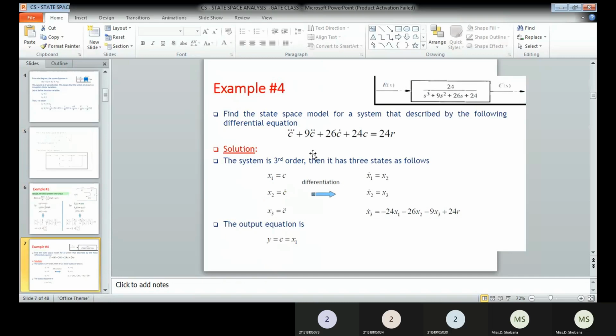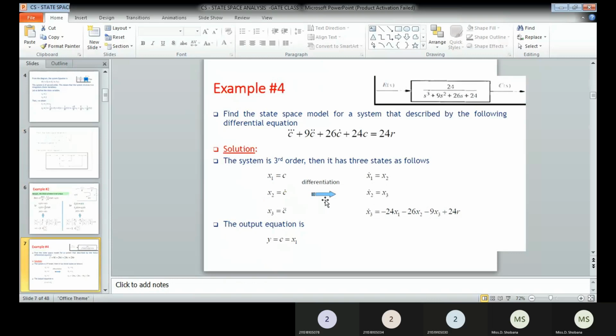Here, how many differentiations are there? The maximum order of differentiation determines how many state variables will be available. Here three differentiations are there, therefore we will have three state variables, x1 dot, x2 dot and x3 dot. So three state equations will also come.